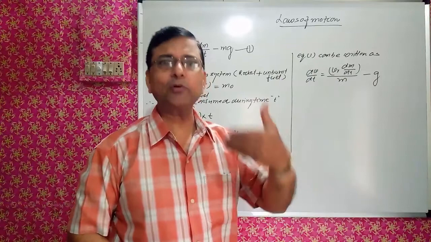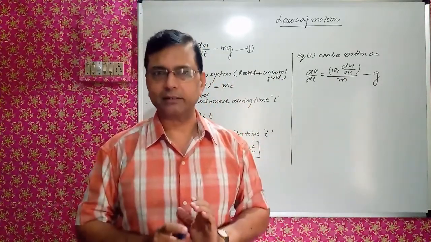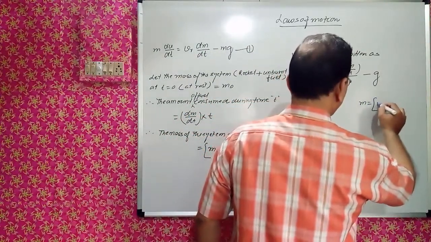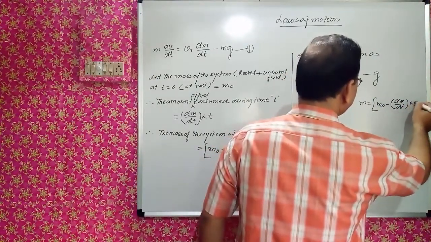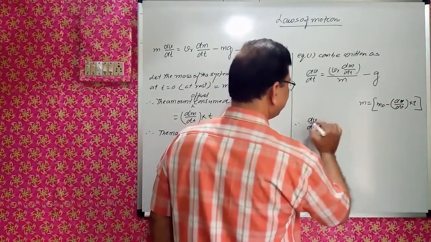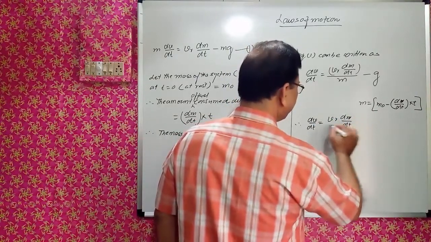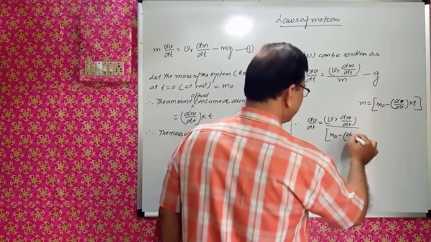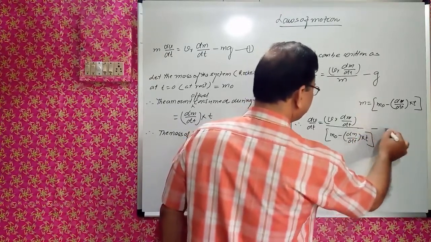At that moment, we have to take the mass of the system as m0 minus dm upon dt into t. Therefore, dv upon dt after time t is equal to vr dm upon dt divided by m0 minus dm upon dt into t, minus g.